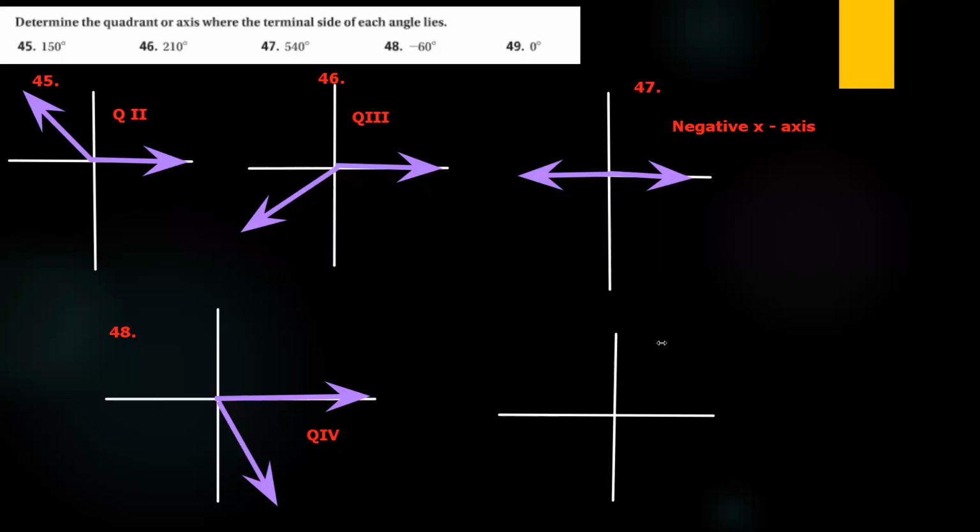Now the last one, number 49, will be on the axis, on the positive x-axis. That's it. Is it clear?